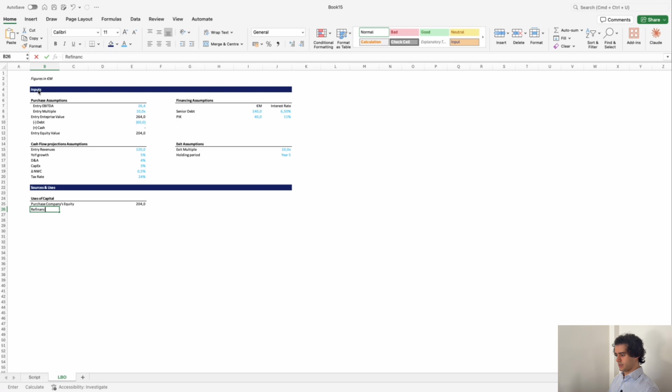Then, as we said in the exercise, we want to refinance the existing debt, and so we will use the capital that we will raise to refinance the 60 million euros that were in our balance sheet. Then we will have also some transaction fees for the operation. In this case, we will write that it's 0 since there is no insight from the script.